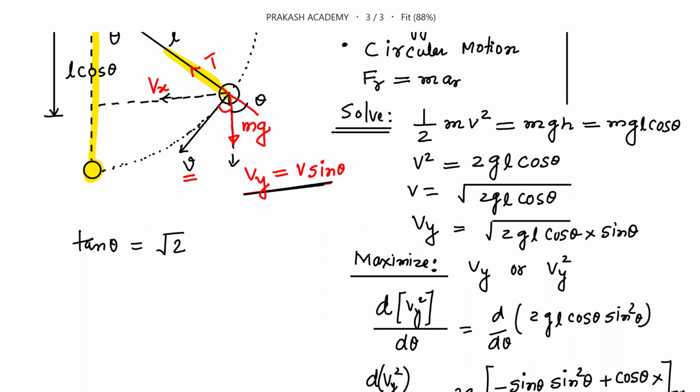This force is tension T, and in this direction we have a component of mg, which will be mg cos theta, because this angle is theta. So we can write T minus mg cos theta is equal to mv squared by L.